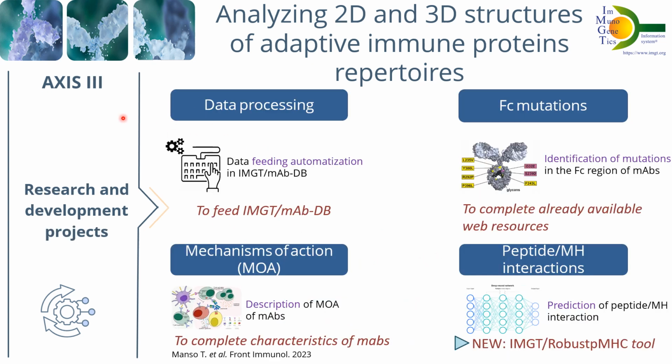I will conclude the overview of this third axis of research and development within IMGT by giving an overview of some research projects. So basically, the data processing there is based on machine learning methodologies. We have automated the feeding of IMGT/mAb-DB.